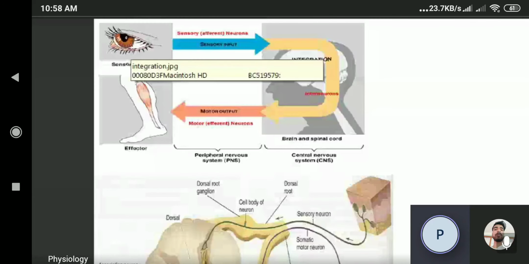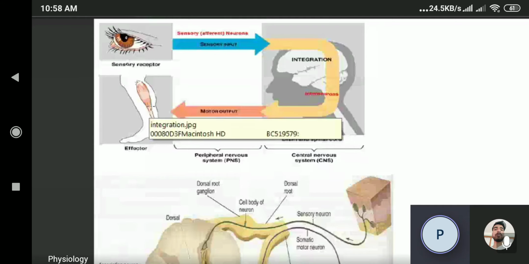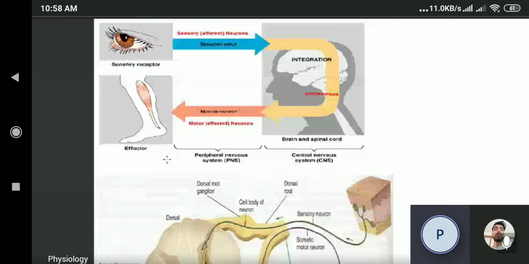Then the sensory input comes and is integrated in the CNS. Then through the efferent or motor output, it gives the command to the effector organ, that is, to the muscles, and then we run. If we see some danger, then we realize that we have to run, and then contraction of the muscle occurs and we run.